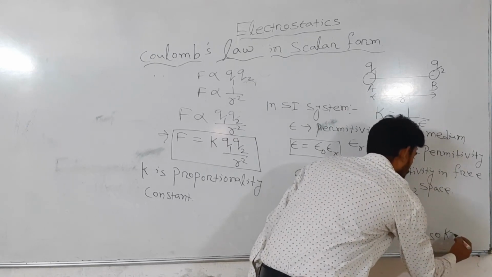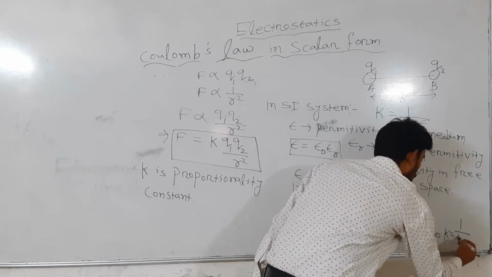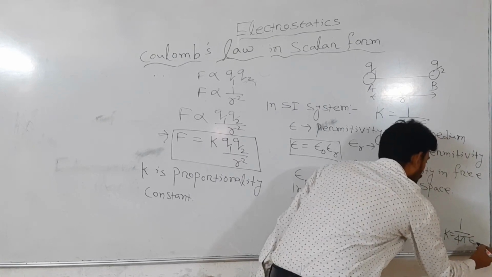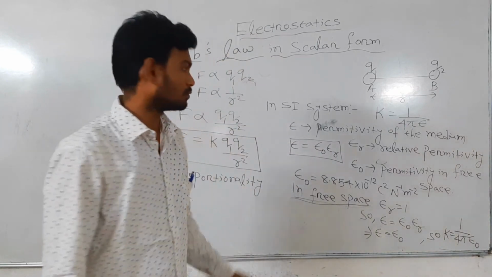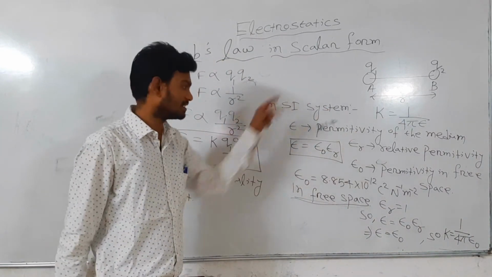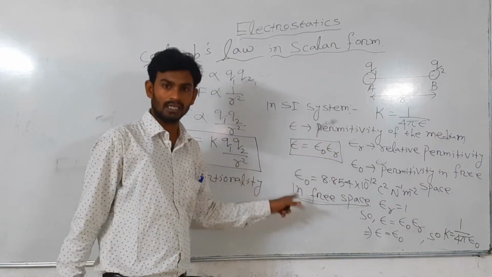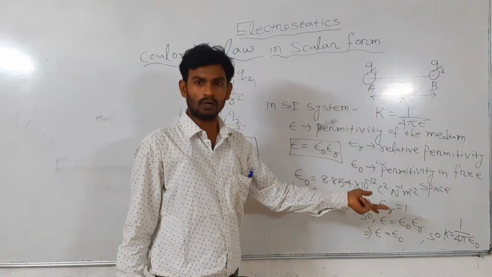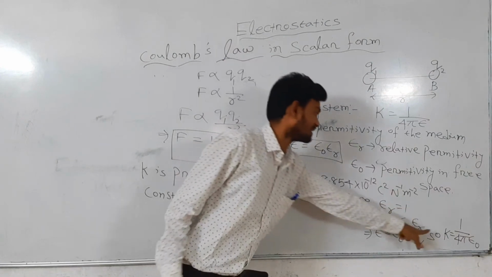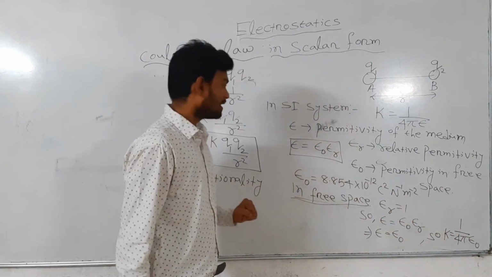We have to remember all these values and formulas. K is equal to 1 by 4 pi epsilon for any medium. In free space K is equal to 1 by 4 pi epsilon 0.